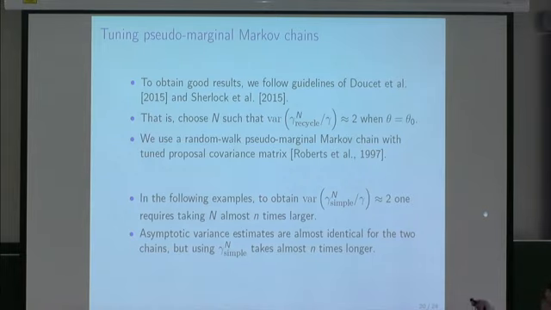But the idea is to choose a capital N such that the relative variance is not too close to 0, but not too big. So around 2, some people would say 3. It depends very much on your application. We also use random walk pseudo-marginal Markov chains with a tuned proposal covariance matrix according to the guidelines of the optimal scaling literature, which were definitely very useful for these applications.